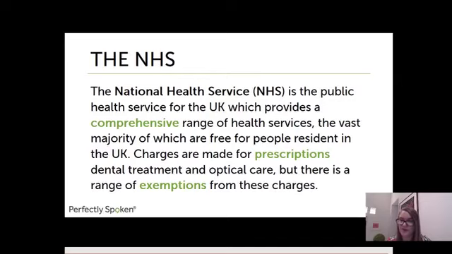Prescriptions. So prescriptions, you can think of them as the recipe that the doctor gives you. It's the pills or the medicine that you need to take in order to feel better. So you go to the doctor, you describe your symptoms, and he will give you a prescription, which you then take to the chemist, and they will give you the correct medication.